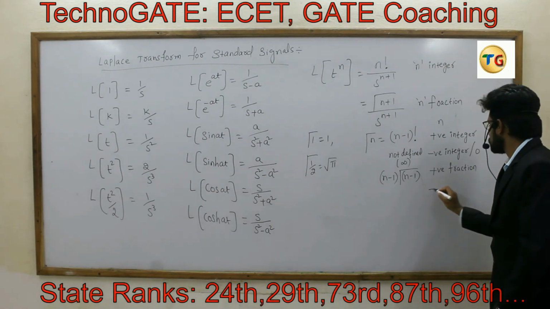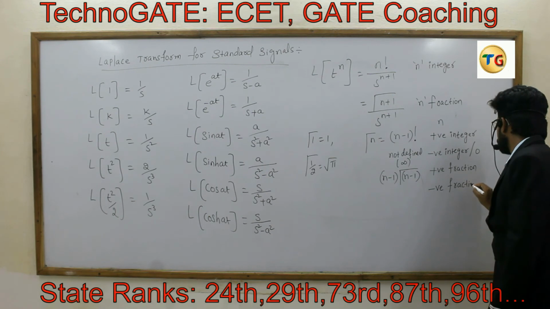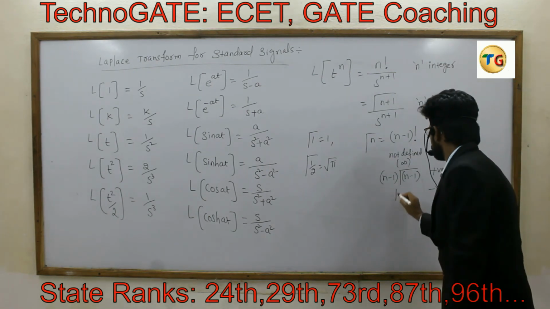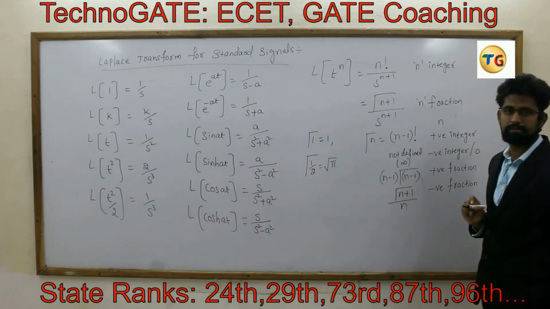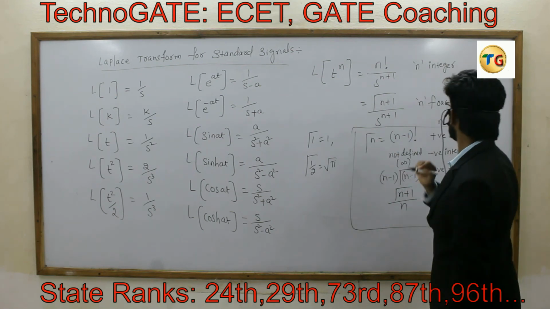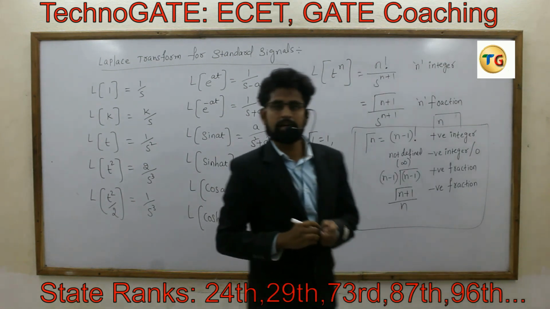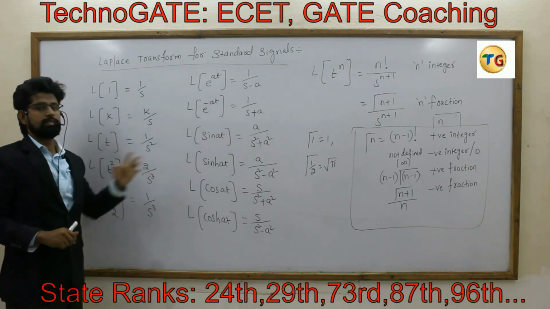If n is a negative fraction, gamma of n is gamma of n plus 1 by n. So these are the very important formulas regarding gamma of n. So these are the Laplace transforms for a few standard signals.